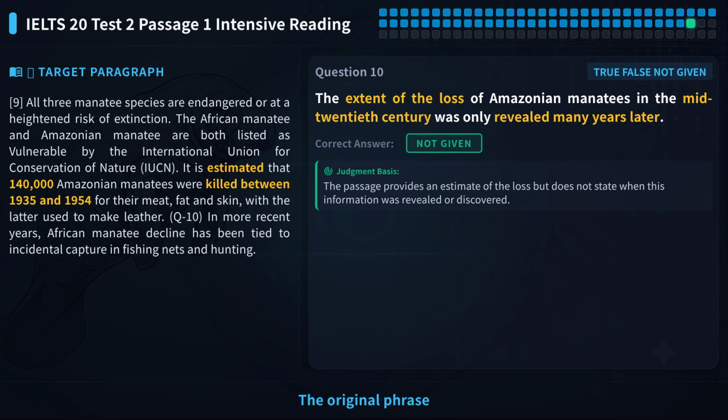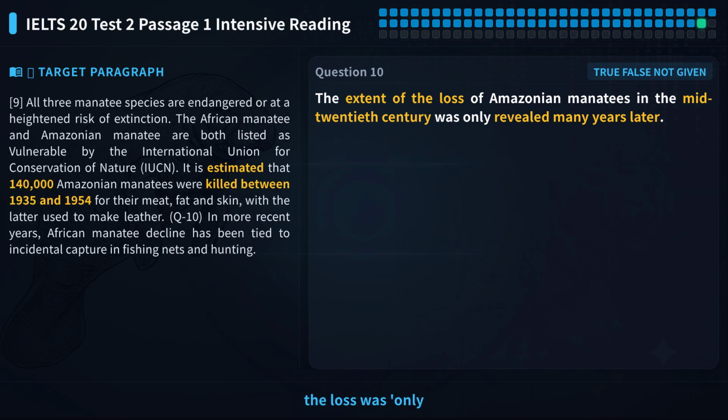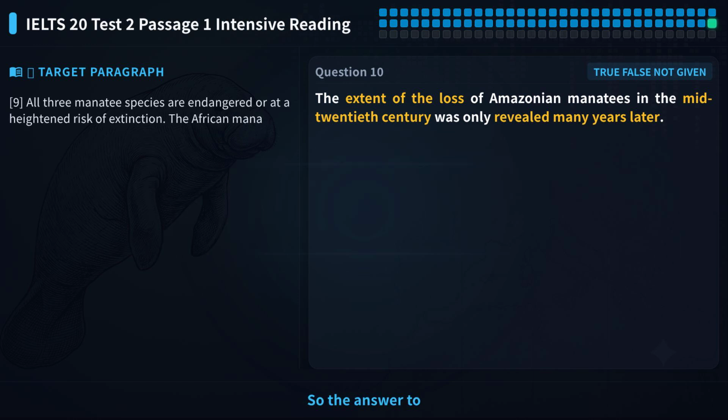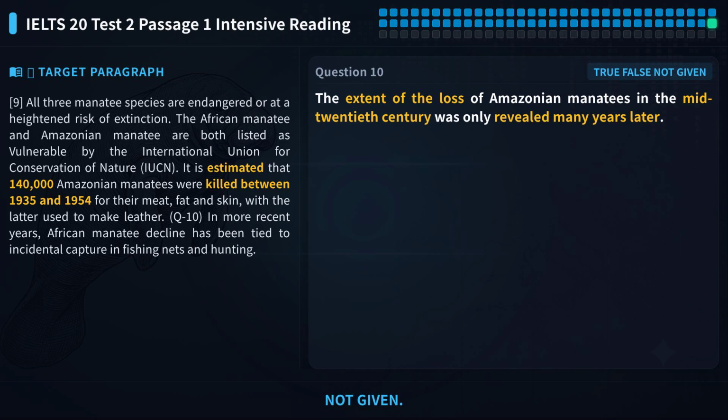The original phrase is it is estimated that 140,000 were killed. The statement says the loss was only revealed many years later, but the passage only gives an estimate number. It never mentions when or how this information was revealed. This is making up information, not wrong, because the passage doesn't give opposite information. So the answer to question 10 is not given.